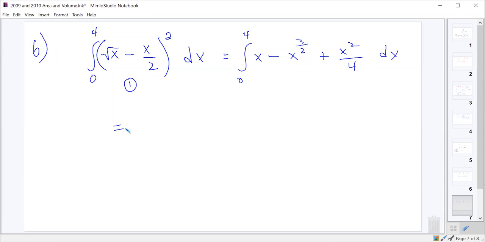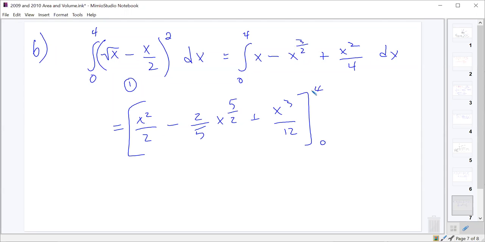Yes. Perfect. So x squared over 2 minus 2/5 x to the 5/2 plus x cubed over 12 from 0 to 4. So 1 point for that, 1 point for this. And then lastly, plugging them in to get your answer. Plugging in 4, you get 8 minus square root of 4 is 2 to the 5th is 32 times the 2 is 64/5.